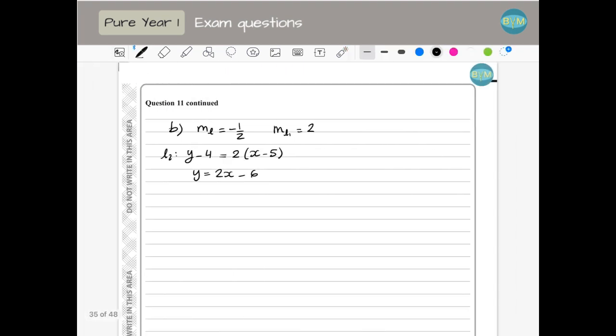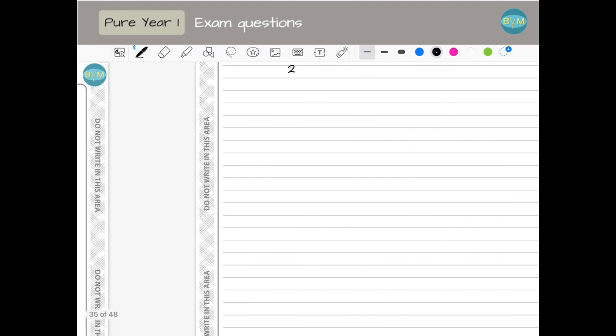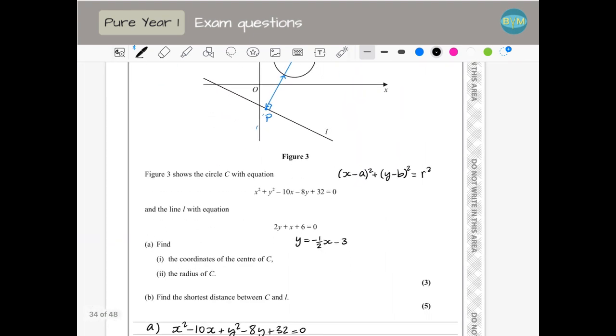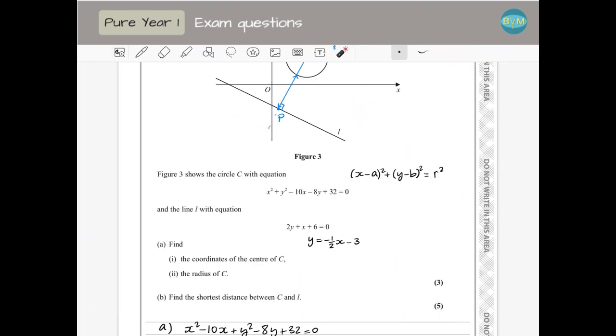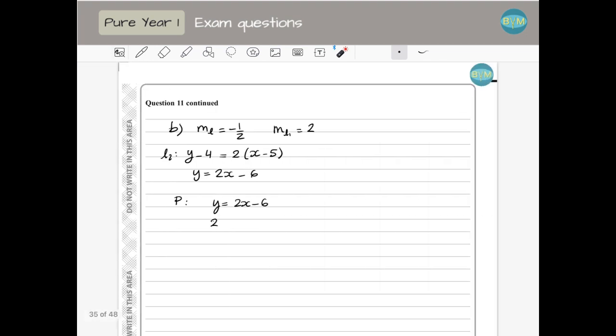So P is given by the intersection between y equals 2x minus 6 and the other equation, 2y plus x plus 6 equals 0. It's just simultaneous equations, so you can solve them the way you prefer. I would, for example, substitute, now that I have y as the subject.